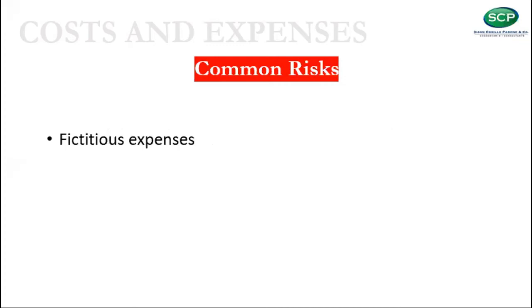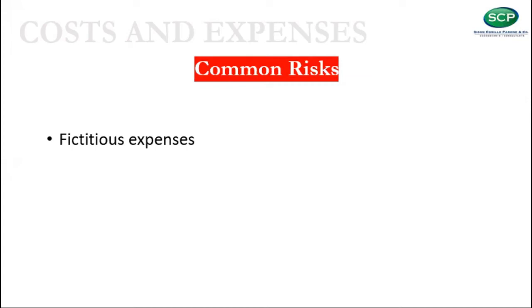The next common risk is fictitious expenses. In cases where fraud is likely involved, some companies may intentionally inflate their expenses to save on, say, taxes. A dishonest employee who was given advances for liquidation may also charge fictitious or invalid expenses to the company when liquidating their advances.